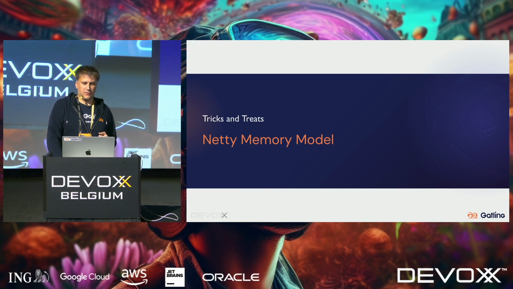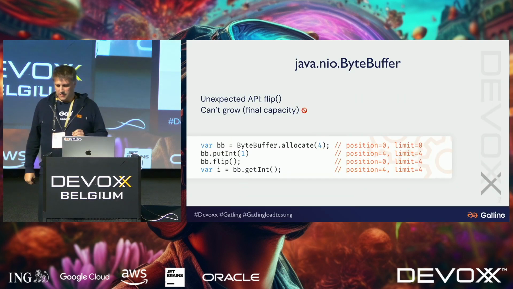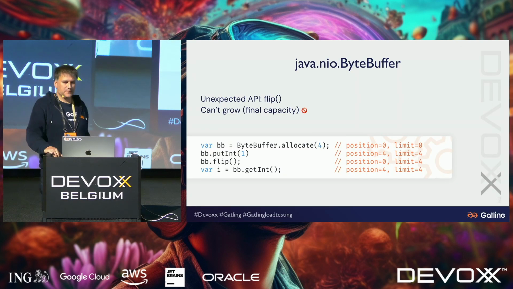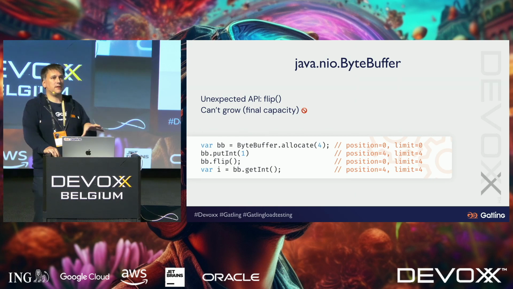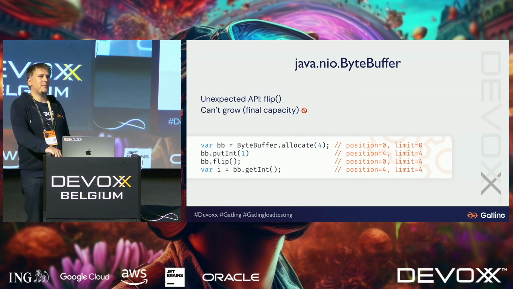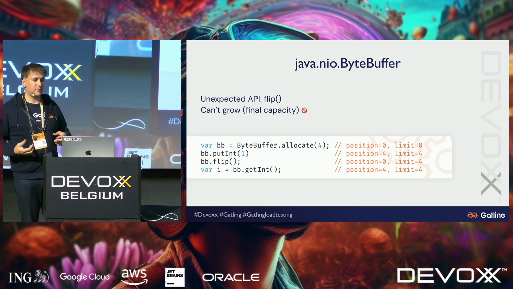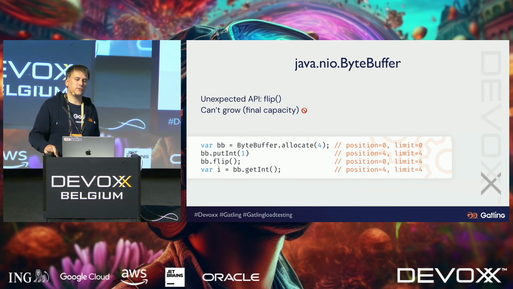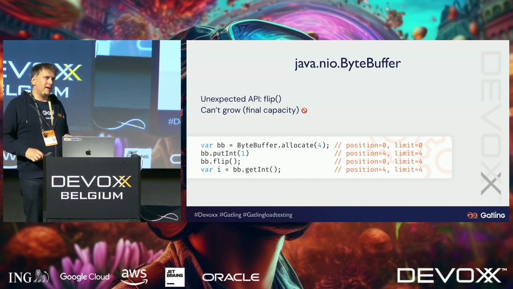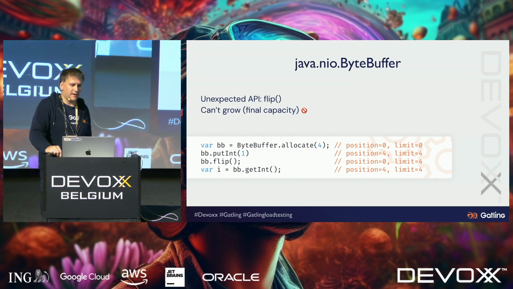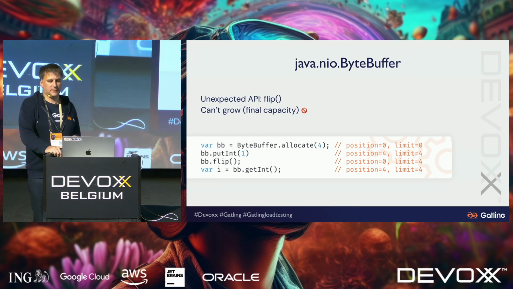The second thing is a nice trick with Netty, which is its memory model. So let's go back to NIO. When you want to deal with memory with NIO, meaning the bytes that you want to write on a socket or read from a socket, you'll have to use the ByteBuffer API. It's a bit of a challenging API, kind of surprising, in particular because of its flip method.